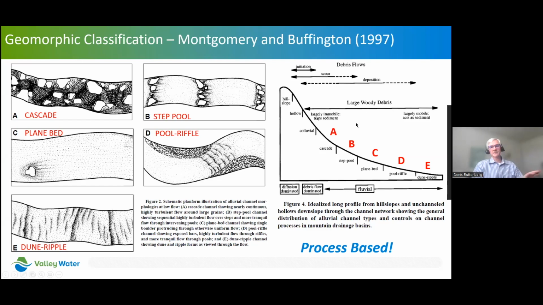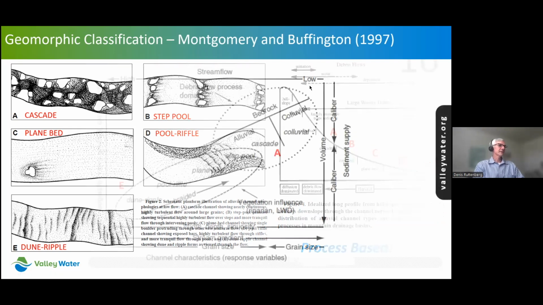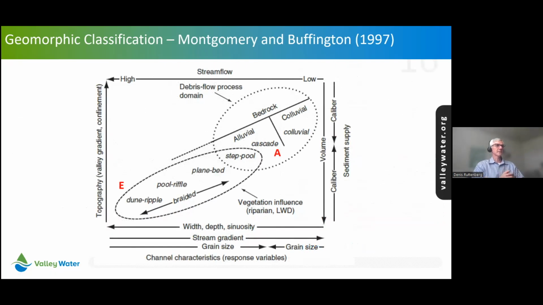There's a lot more to this, like other processes: where does the woody debris habitat occur, where there's scour, where does sediment transport initiation begin. So I'll keep going. Again, Montgomery and Buffington. There's a lot to take in here, but what I would like to show you is let's just look at one variable, stream gradient.